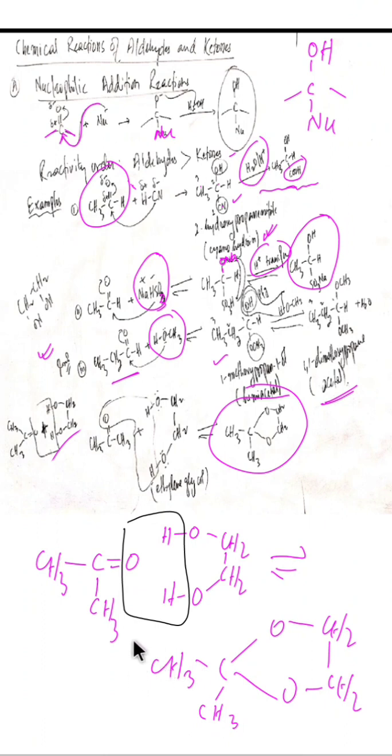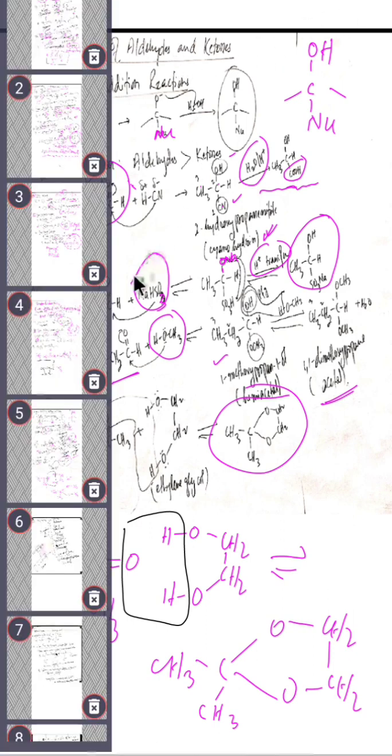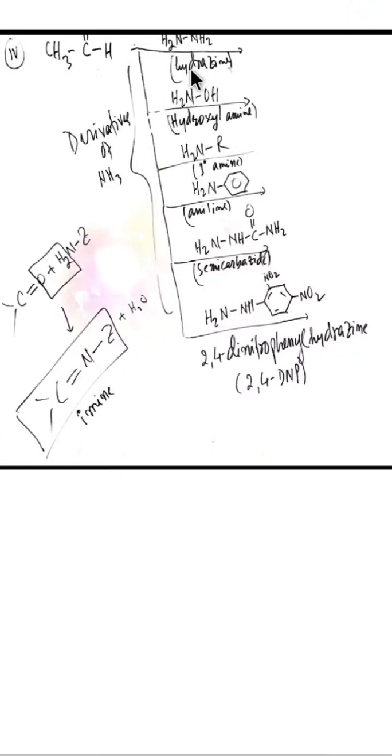Okay, now let us move to the next type of nucleophilic addition reaction, which is very important, with ammonia derivatives. Okay, so this is our ethanal, and when this ethanal is reacted with NH2NH2, which is hydrazine, these are derivatives of ammonia.